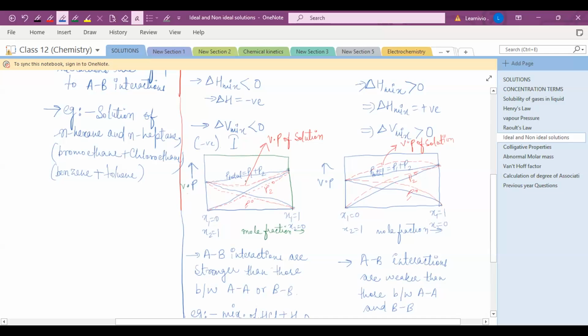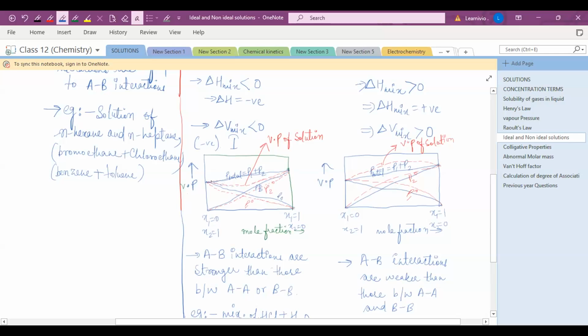And this red one is the negative deviation, because we know that a non-ideal solution doesn't follow Raoult's law and its graph. In the negative deviation, this is P total, this line was PB, the partial vapor pressure of the B component, and this line was the partial pressure of the first component, A. But in the negative deviation, what happens?